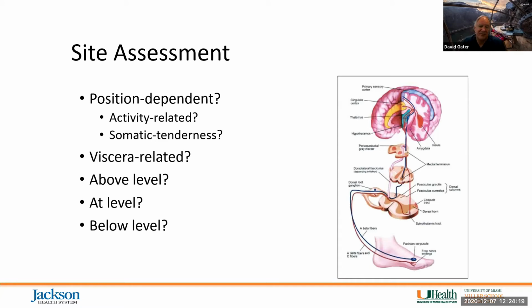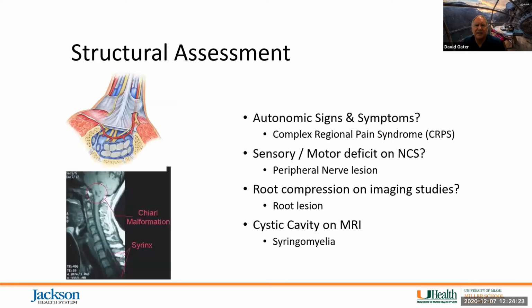Is it related to the viscera? Is it above, at, or below the level of the injury? So looking at the site and then doing a structural assessment based on what we have determined as the site of injury. So if there are autonomic signs and symptoms associated with this, then we're going to be thinking complex regional pain syndrome. If there are sensory or motor deficits on nerve conduction studies, then we're thinking this is a peripheral nerve injury.